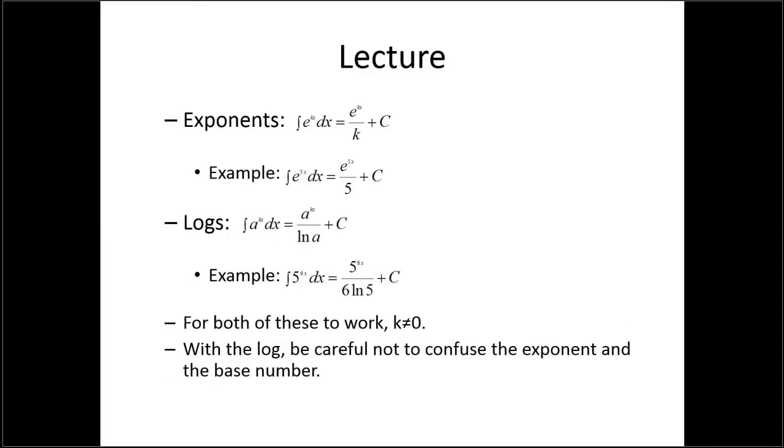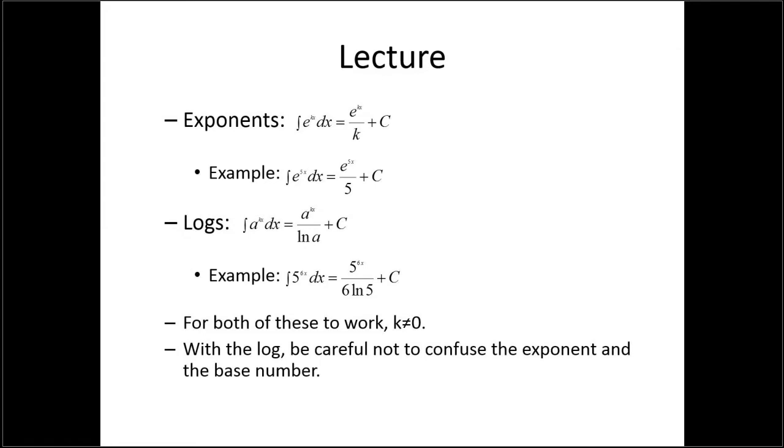Exponents, again, same but opposite as derivatives. If you remember the derivative of an exponent, you kept the exponent by itself and then you just multiplied by the argument of the exponent. Same thing here but opposite. You just divide by it. So if you look at the example, the integral of e to the 5x dx would be e to the 5x over 5.